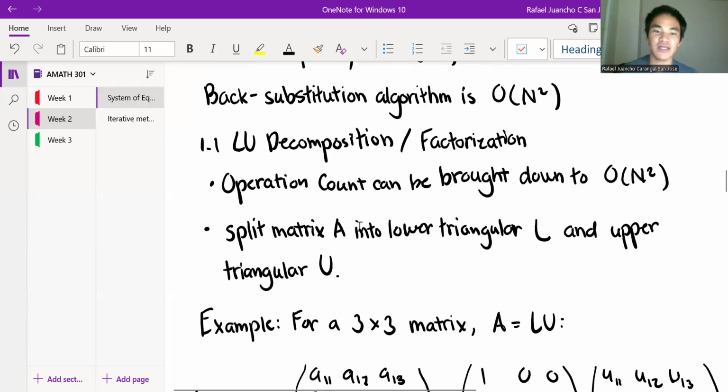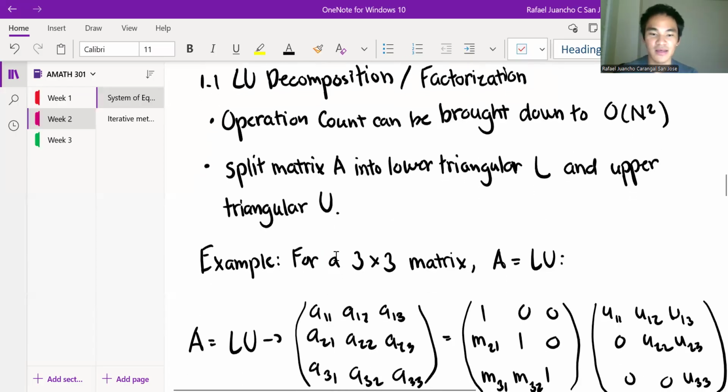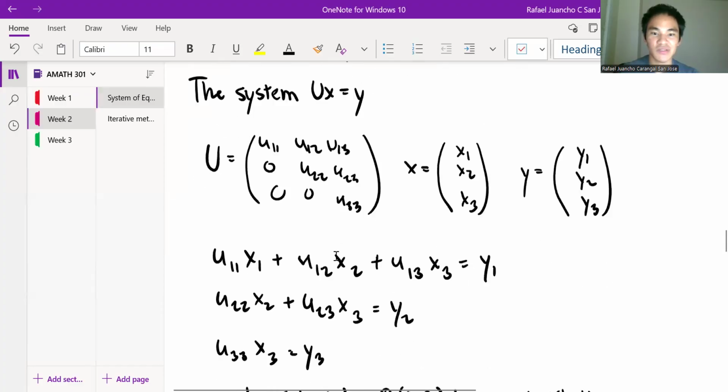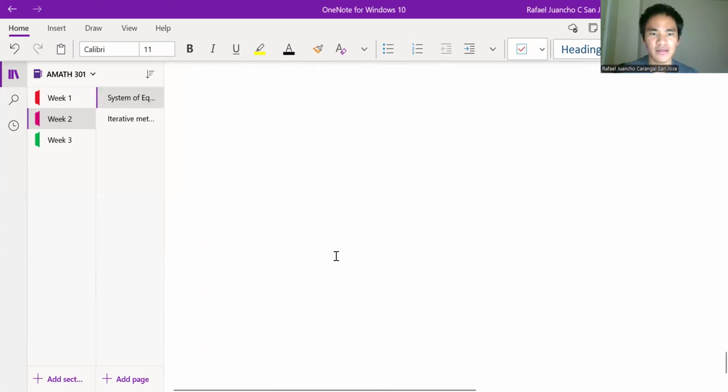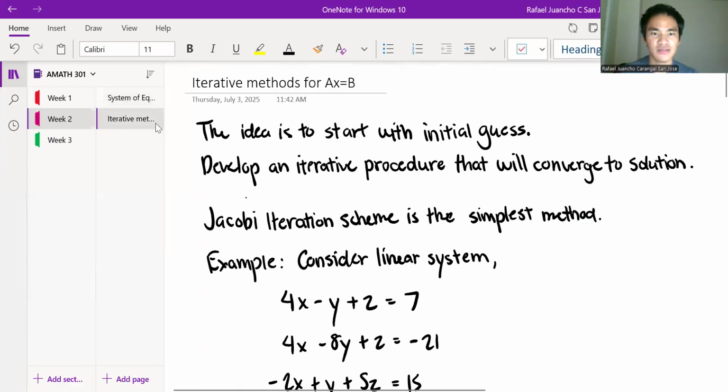So we realized that in most scenarios, we might as well use LU decomposition instead of Gaussian elimination. So that's it for direct methods.